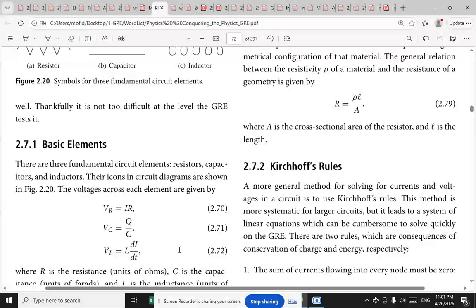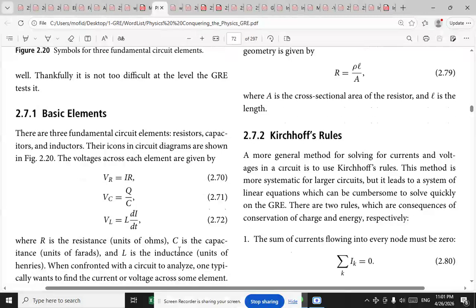Their icons and circuit diagrams are shown in figure 2.20. The voltage across each element is given by V_R = I times R, current multiplied by resistance.